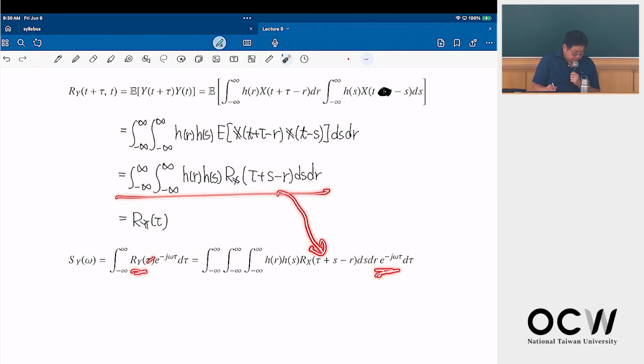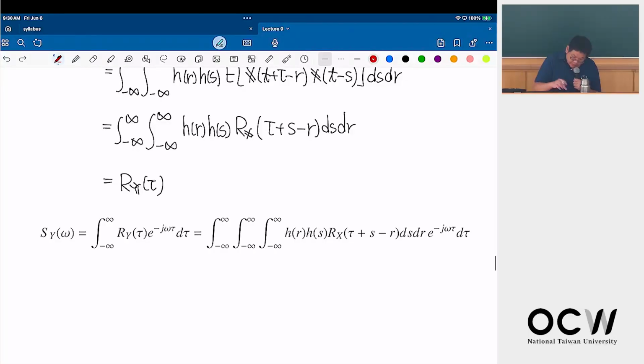Then let's change the variable. We have tau plus s minus r. I want this to be, say, u. Okay, so u equals tau plus s minus r.